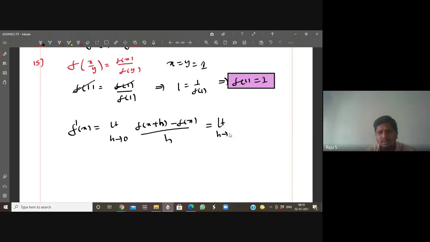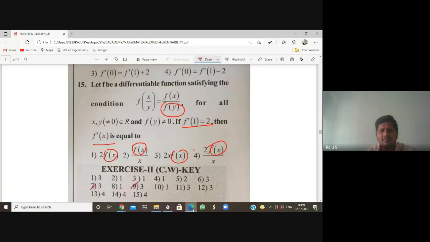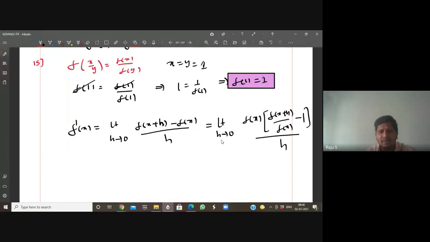Limit h tends to 0, f of x, I'm taking common in the numerator. So f of x plus h by f of x minus 1. Shall I write like this? So when I multiply with f of x, again we are going to get the previous step. Because in the given option f of x is there, so I'm taking f of x common.